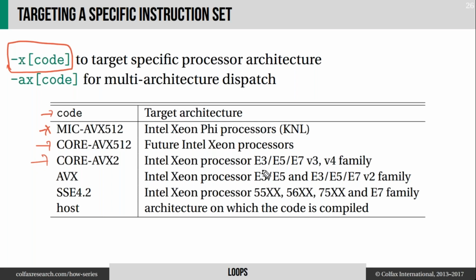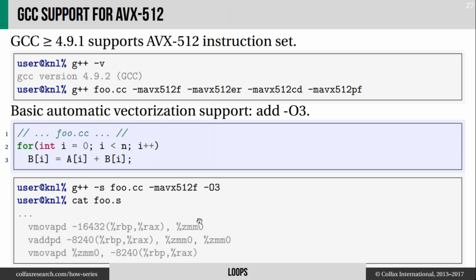CORE-AVX2 is for Haswell and Broadwell. AVX is for Sandy Bridge and Ivy Bridge. This is legacy. And if you are going to run on the same machine on which you are compiling, use -xHost, and then feature detection will be automatic.